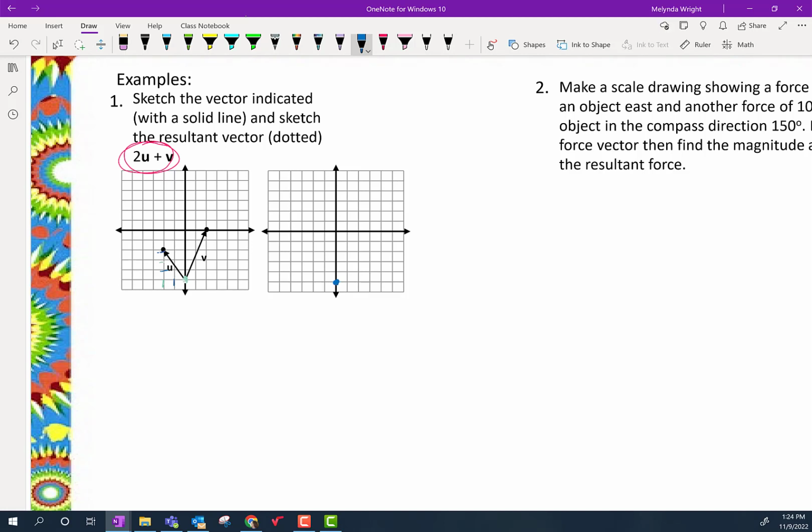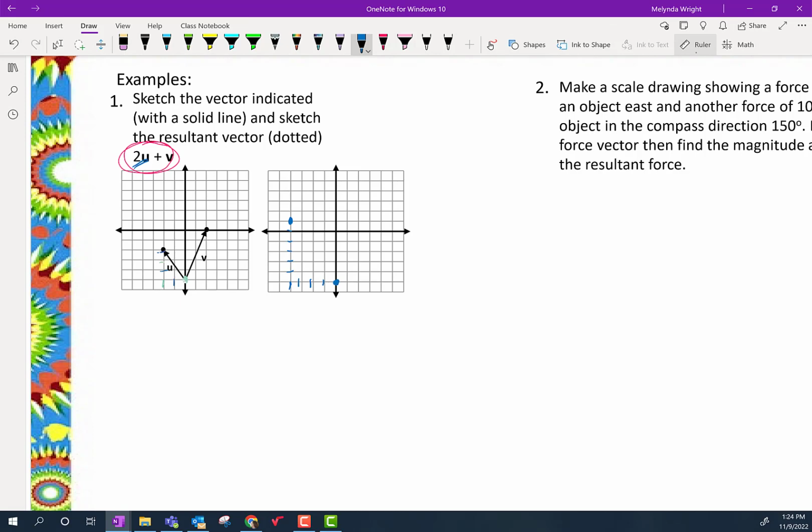I don't have to, I'm just trying to make it easy for us. And instead of going left 2, because I'm doubling it, I'm going to go left 4: 1, 2, 3, 4. And instead of going up 3, I'm going to go up 6: 1, 2, 3, 4, 5, 6. So this is the new end to my 2u.